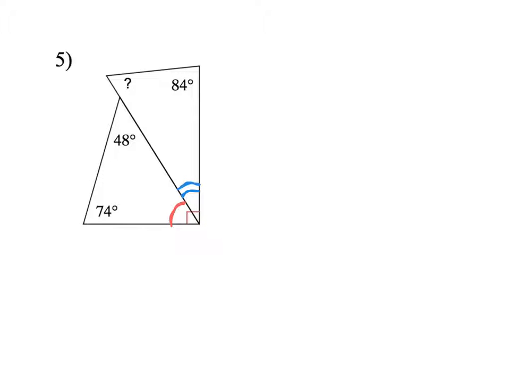So what we're going to want to do is first look at this triangle. Looking at that triangle, notice that we are missing this value, which I'm going to write as x. So let's first solve for x. That means x plus 48 plus 74 equals 180.